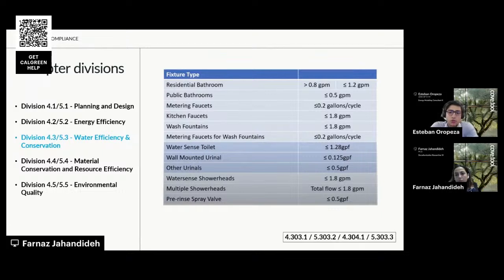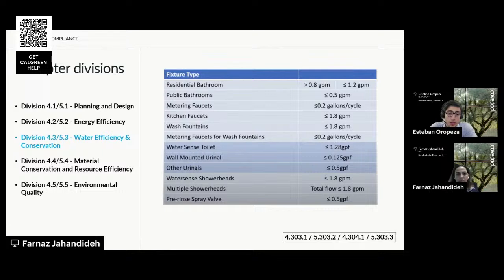An important thing to pay attention to here is that fixtures with WaterSense labels, like toilets or shower heads, are usually a good selection.